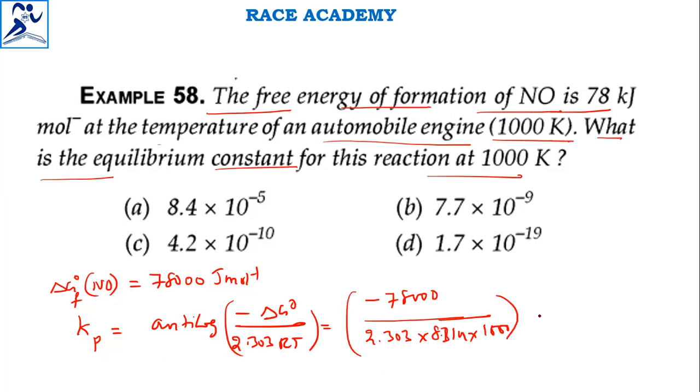Upon simplification, you will get antilog of minus 4.00737. Upon opening the antilog, the answer will be 8.4 into 10 to the power of minus 5. So the first option is the right option for this one.